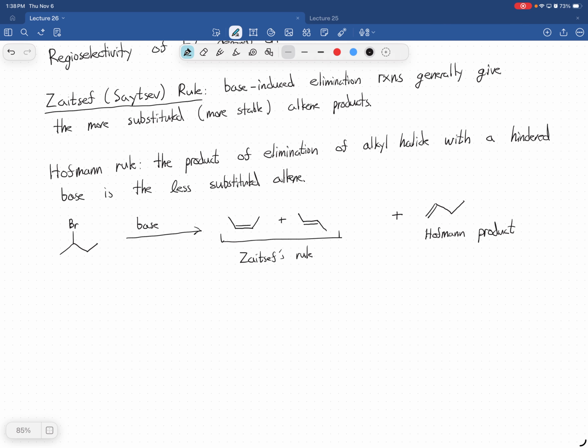All right, so let's do an actual example now. Take the same haloalkane, and we're going to choose our base. Let's say our base is sodium ethoxide, so an unhindered base, and ethanol is our solvent. We actually get a mixture of the cis and trans alkenes.